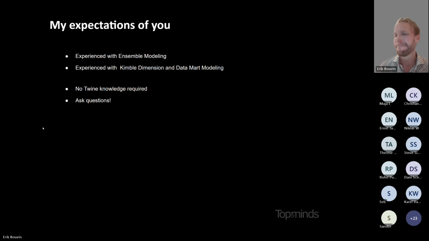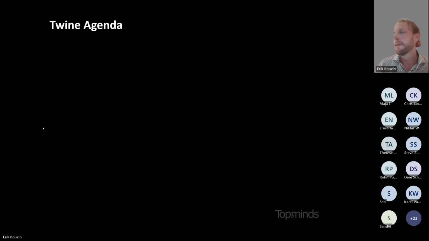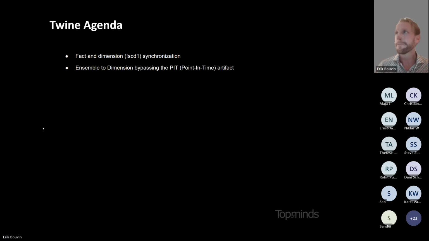All right. So the Twine agenda for today will be, first, I will talk about how we can keep facts and dimensions, which aren't SCD type 1, synchronized with each other without any semi-automated or manual reloading.